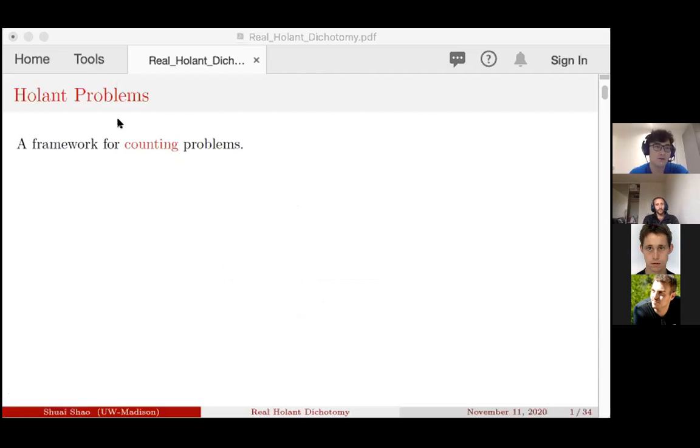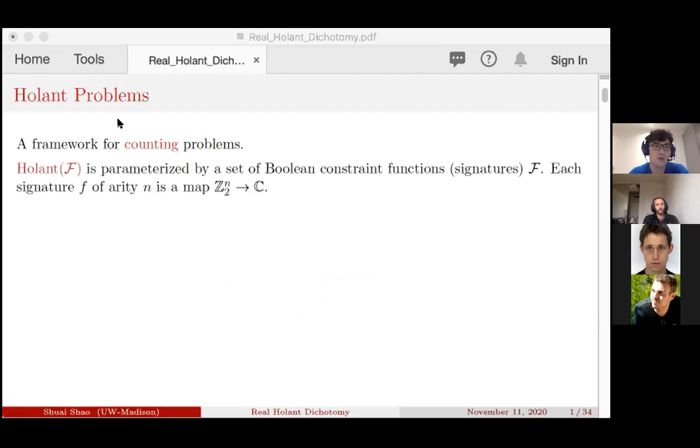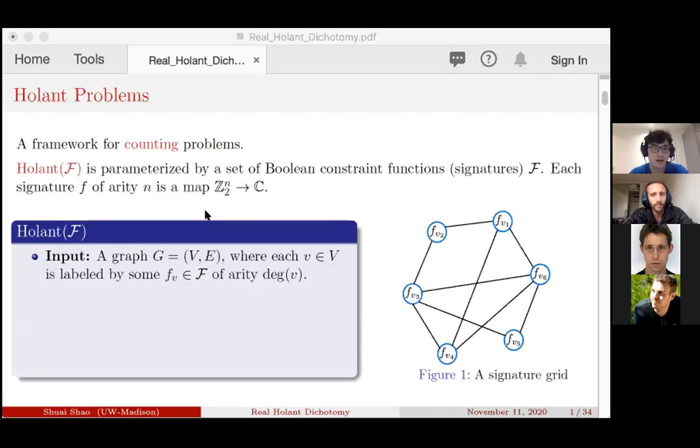The Holant problem is a framework for counting problems. Such a problem is parameterized by a set of Boolean constraint functions, also called signatures, denoted by script F. Each signature f, of arity n, is a map from the n-dimensional Boolean space to the complex field. An input of the Holant problem specified by this signature set is a graph where each vertex is labeled by some signature f from this set, which has arity equal to the degree of the vertex.